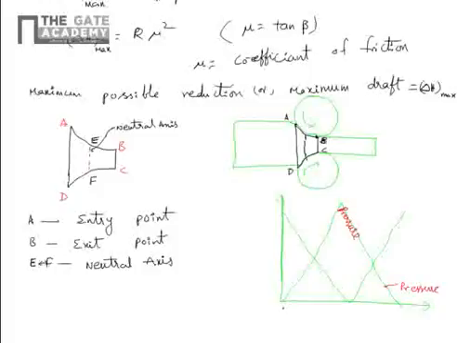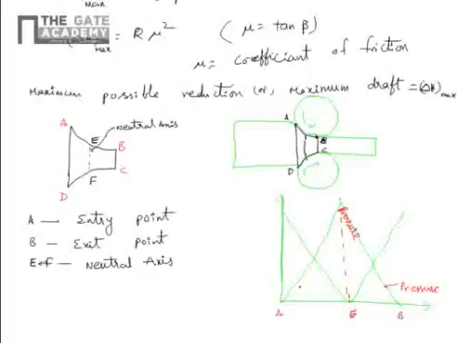So the points here are A, E, B. A is the entry point, B is the exit point, E is the neutral point. Sorry, this actually has to be like this, so the diagram is slightly deviated. At the entry point, pressure is 0, and as the strip enters between the rollers, the pressure increases.